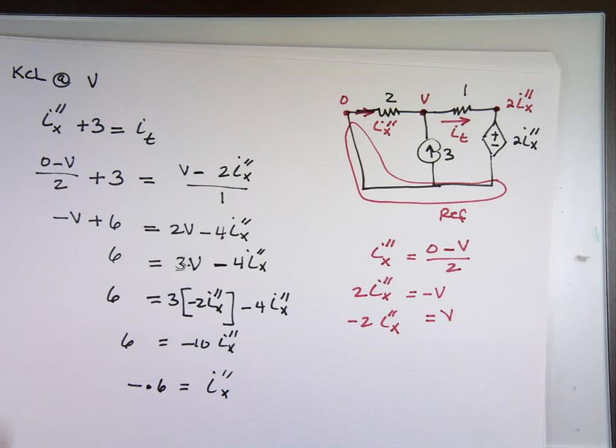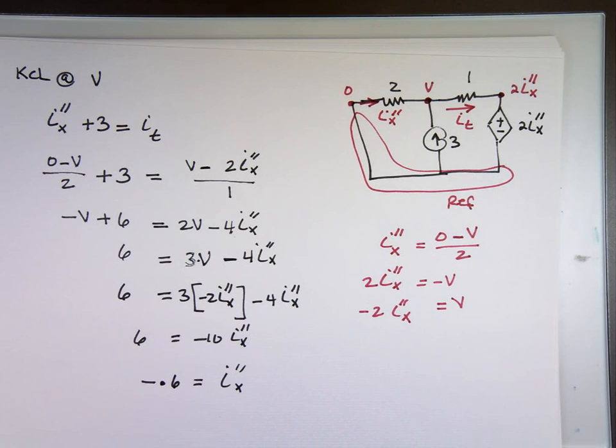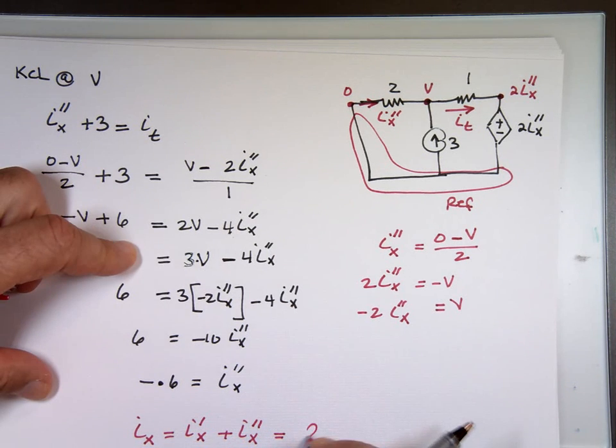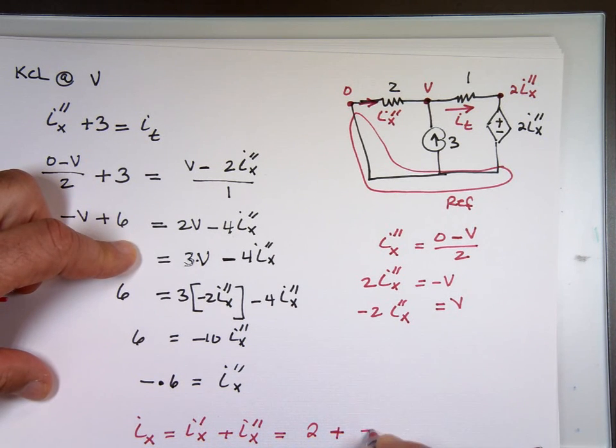And I'm done now. What is I sub x? And the first one we answered due to source 1, what was it? 2 amps plus a negative 0.6. What do we have? 1.4 amps.